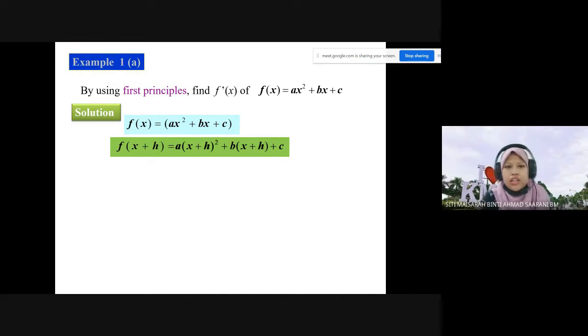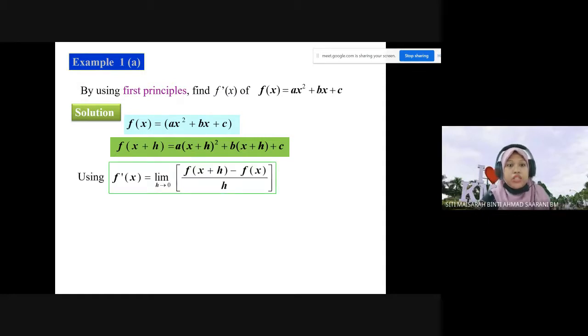Then, by using f prime x equals the limit as h approaches 0 of f(x plus h) minus f(x), over h, we substitute f(x plus h) and f(x) into the first principle.